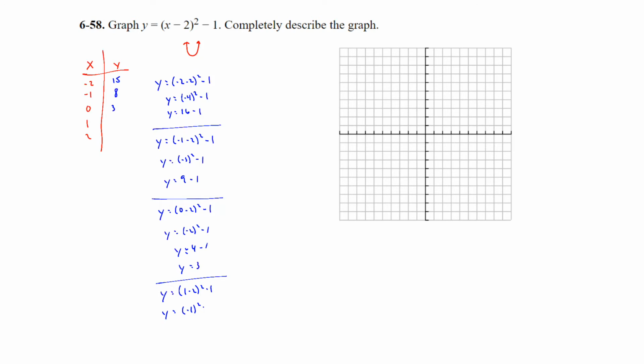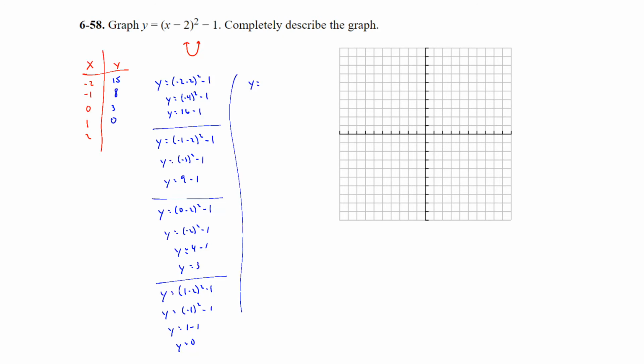Let me go back and fix this real quick. (-1) squared minus 1. So this would be 1 minus 1, which is 0. So my numbers are getting smaller. They're getting closer together. But if it's a U-shaped graph, I need to see those numbers come back and get some repeats. I'm going to continue on here.